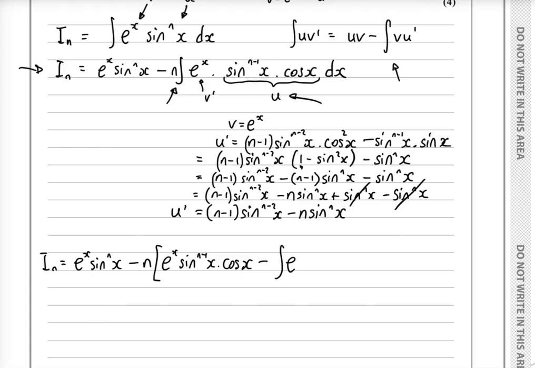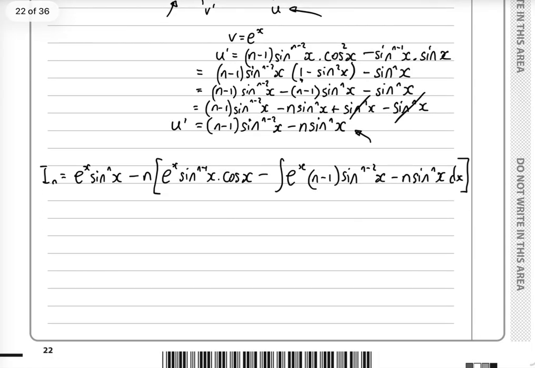Now v is still e to the x, but u prime is now this quite nicely simplified expression, n minus 1 sine to the n minus 2 x minus n sine to the nx dx. So I'll expand the big square brackets with the n factor in front, and I will also split that integration into two integrals.